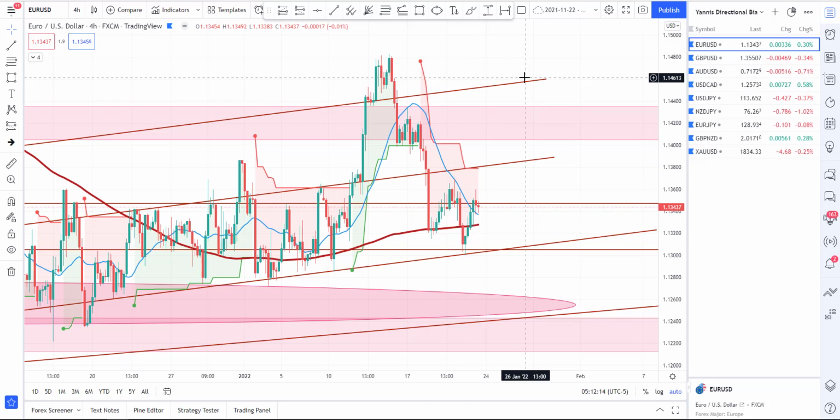So if I have my eyes on the euro dollar, I am slightly favoring long positions right now, but I will need to wait to see price closing above that horizontal level, or eventually below the lower line at 113, in which case any long scenario would obviously not be valid anymore.